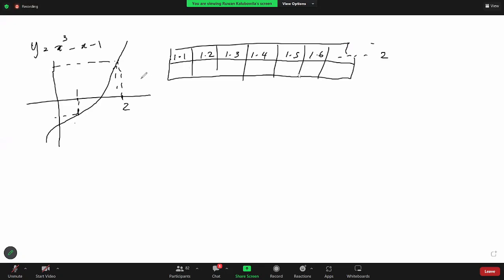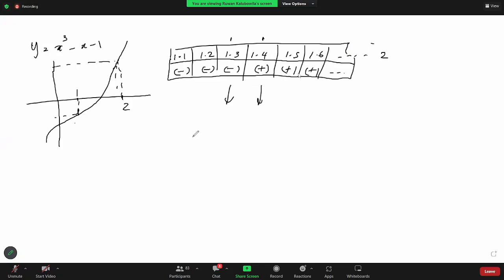Then you check the sign of the y value. Here it may be negative at 1.3, again negative, and at 1.4 you can see a positive sign. So the sign has changed. You first capture these two points, negative and positive.